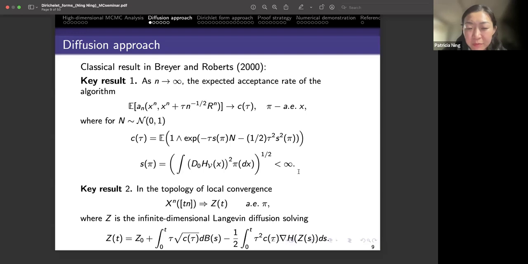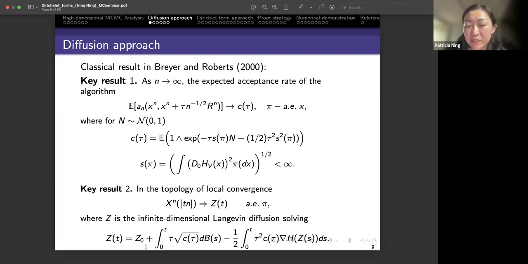Key result number 2: in the local topology, X_n, the time-rescaled process, indexed by the integer part of t times n, converges weakly to Z_t, almost everywhere with respect to pi. Here Z is the infinite-dimensional Langevin diffusion, solving this stochastic differential equation.